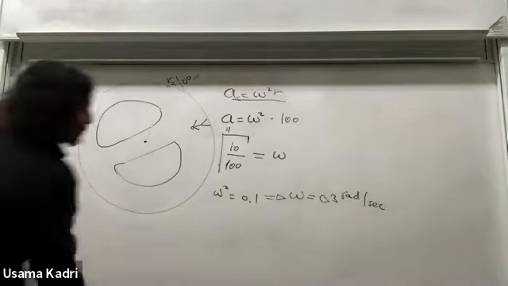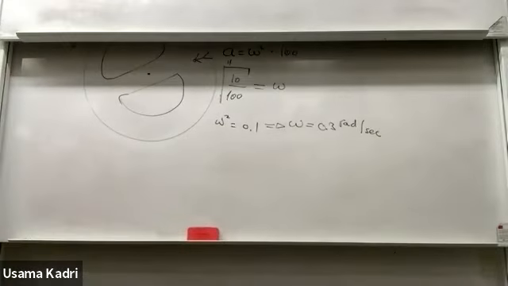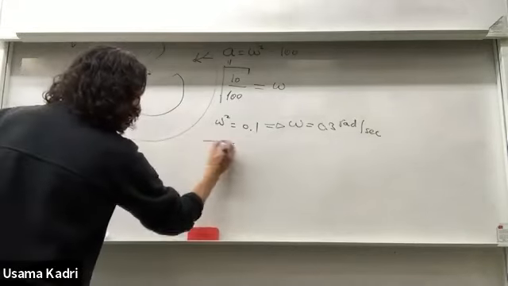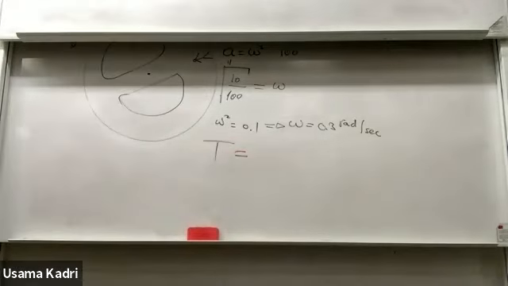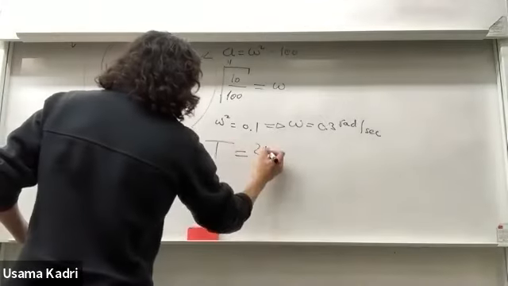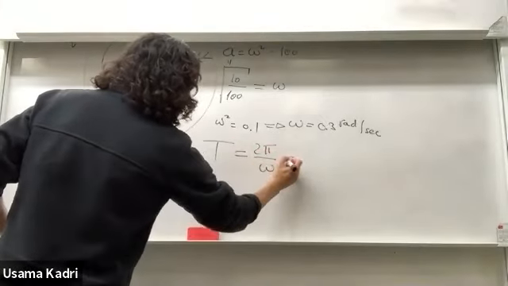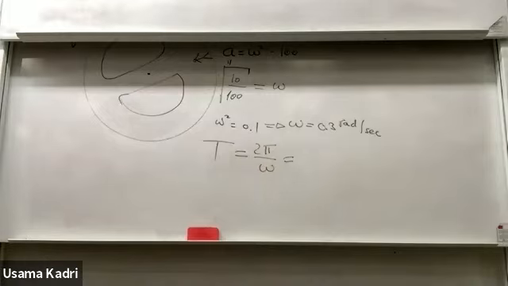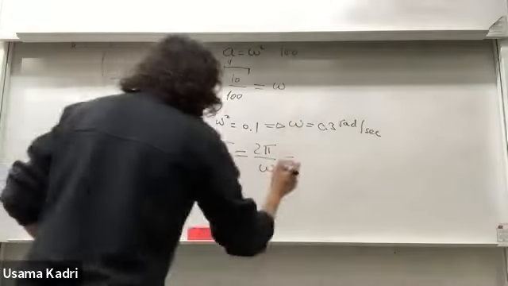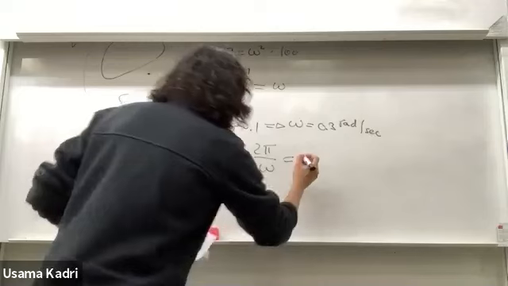From the other equation for the velocity, you can calculate that, well, let's look at the period first. Make use of everything that I've showed you today, all the definitions. So the period would be 2 pi divided by omega. That is about 20 seconds.